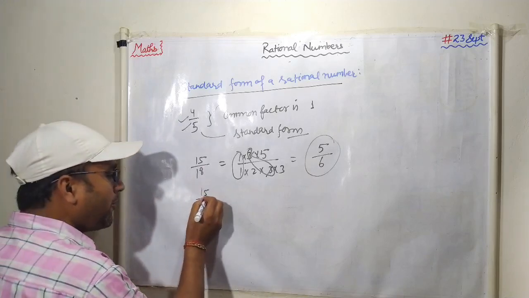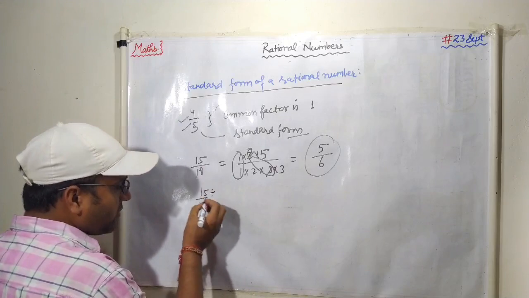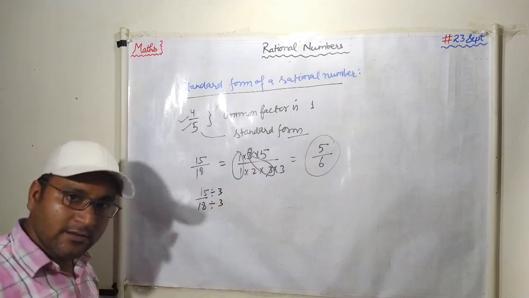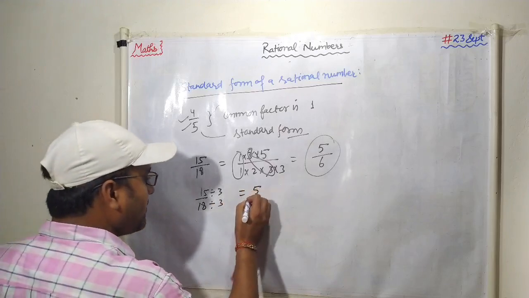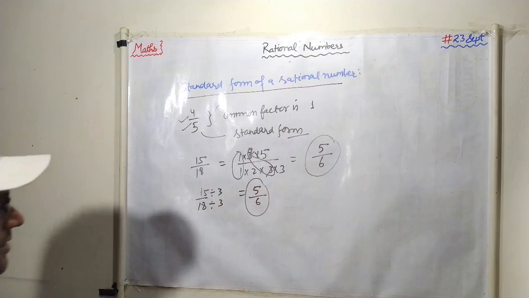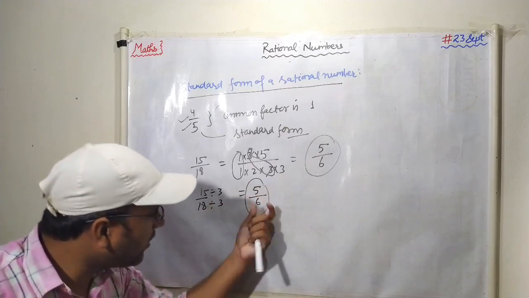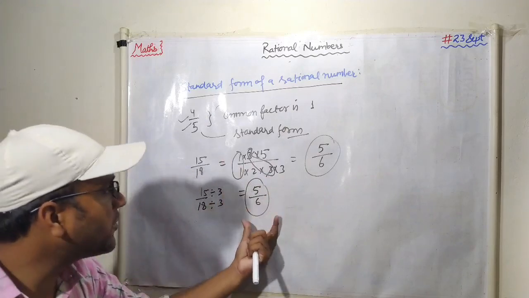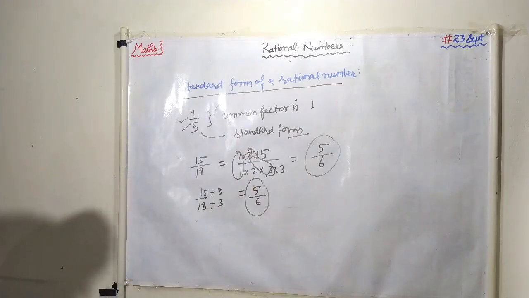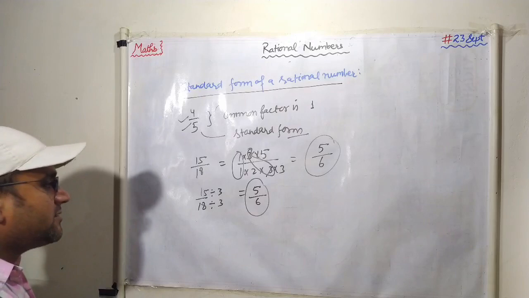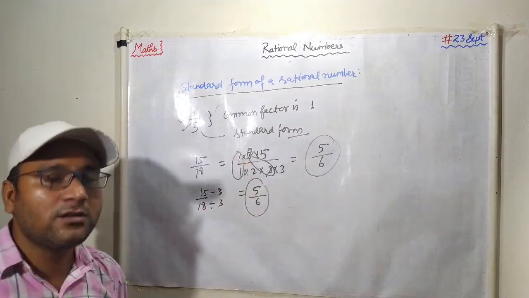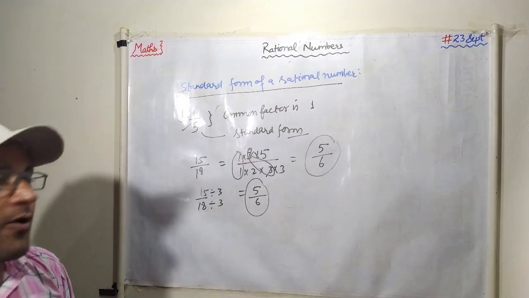That is an important point. For 15 upon 18, this is cancelled out by 3 and this is also cancelled out by 3. 3 5s are 15 and 3 6s are 18, and then it is not cancelled out by any other same number. It has only 1 as a common factor. So 5 upon 6 is in standard form. So by dividing, you will change a given rational number into its simplest form.